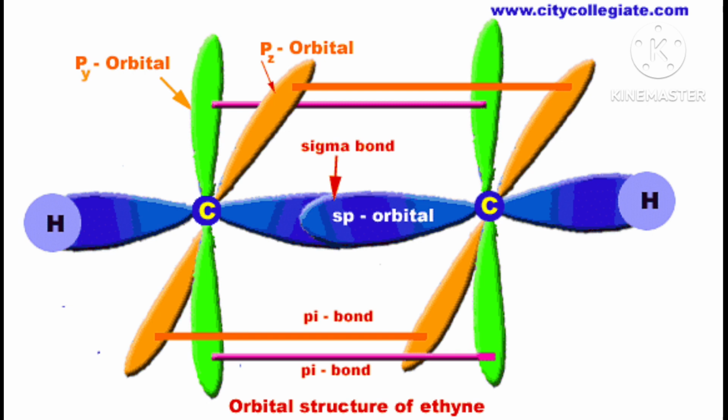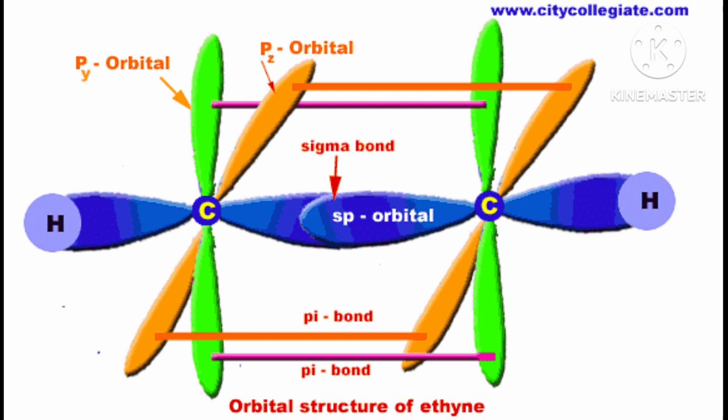Stronger means closer. The carbon-carbon triple bond length is shorter, 120 picometer, than that of the carbon-carbon double bond, 133. And the carbon-carbon single bond is longer, 154. So the triple bond length is least, 120, the double bond 133, and the single bond 154.